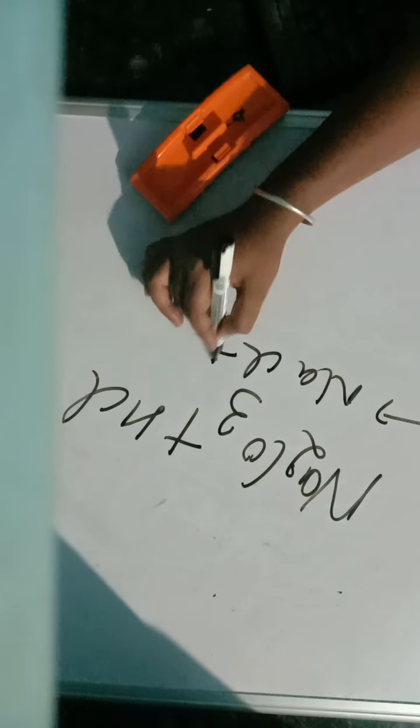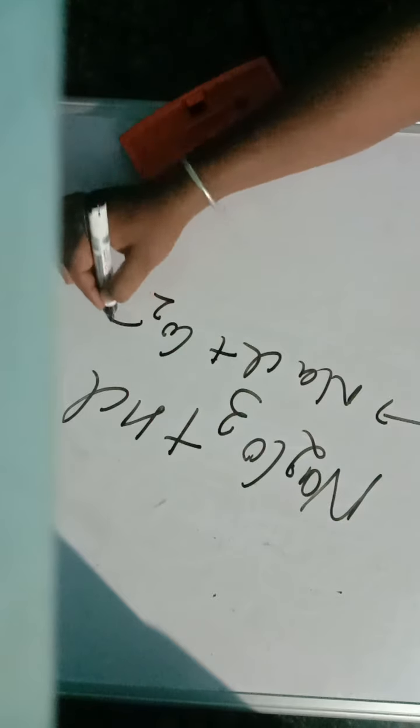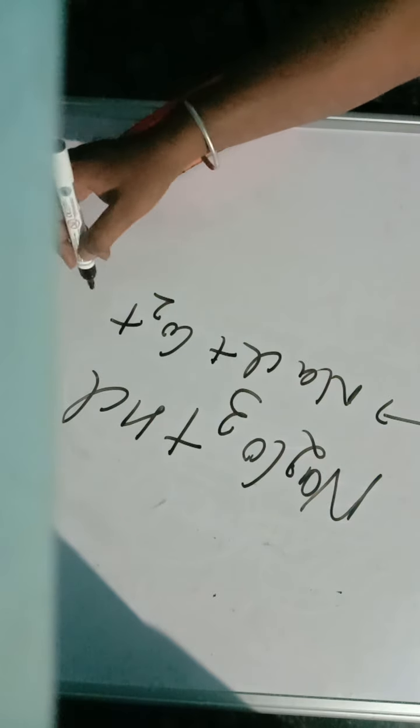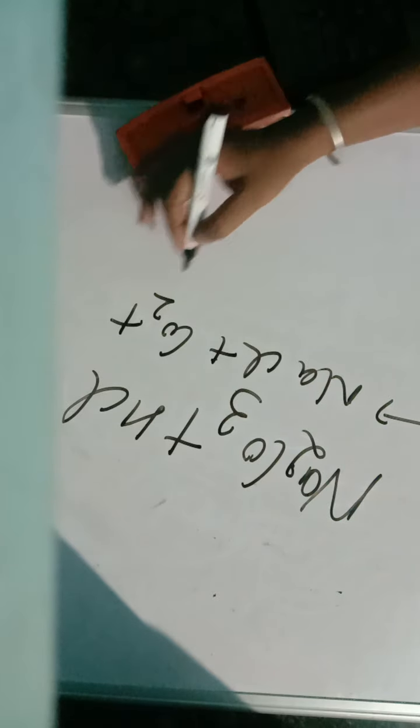We can take another example also, that is sodium carbonate plus HCl. Here we are going to form sodium chloride plus CO2, which is again a gas that is released, and H2O.